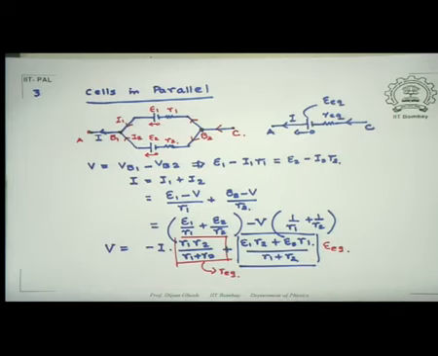So therefore, now look at what I am getting. My R equivalent is the same expression as what we got for the parallel combination of resistors. So therefore, let us write it down.